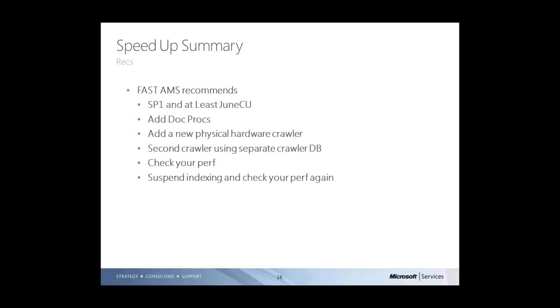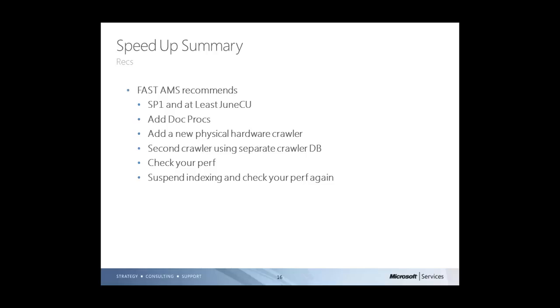So just a quick summary: SP1 and at least the June CU for both SharePoint and FAST, if that's possible. That fixes a lot of strange crawler issues and indexing problems. Add docprocs. Like I said, you can't have too many docprocs unless it's completely eating up all of your memory on your system. Memory's cheap. Add a new physical hardware crawler if you can.